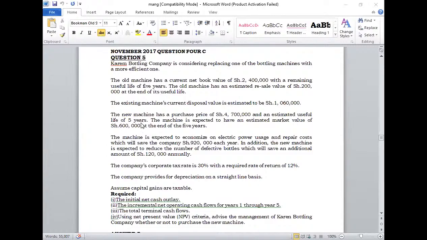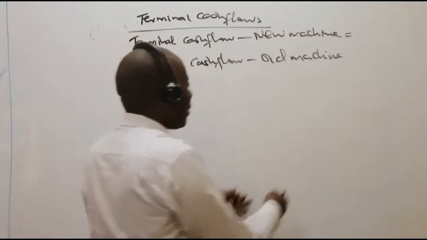You can see the scrap, ladies and gentlemen, is 600. I hope you're able to see the machine. This new machine, the terminal cash flow is 600.